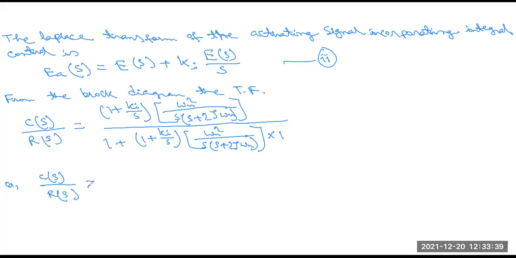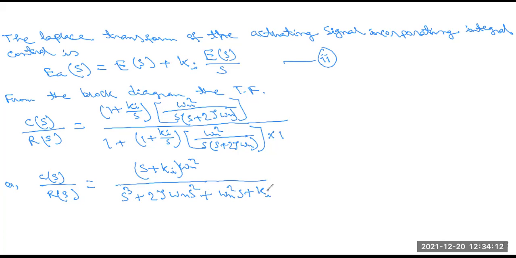This is equal to, when you calculate, I have written the final equation, that is (S plus Ki) into omega n square divided by S cube plus 2 zeta omega n S square plus omega n square S plus Ki, that is the integral controller constant part, into omega n square. So this is equation number 3.